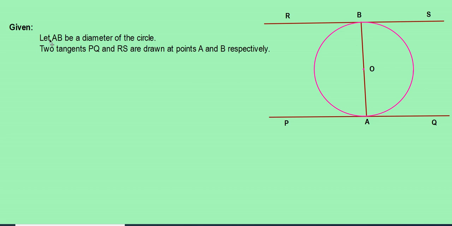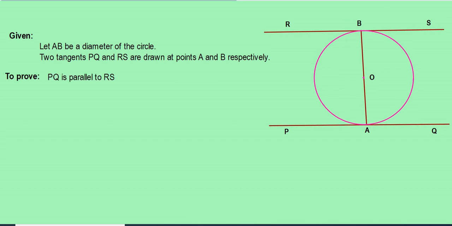Here we are given that AB is the diameter of a circle, and PQ and RS are tangents drawn at points A and B respectively. We have to prove PQ is parallel to RS.